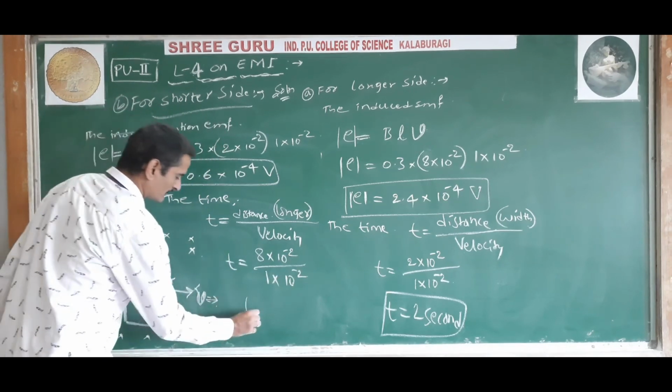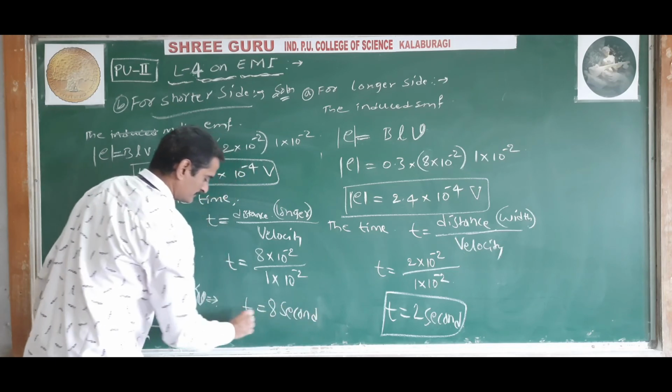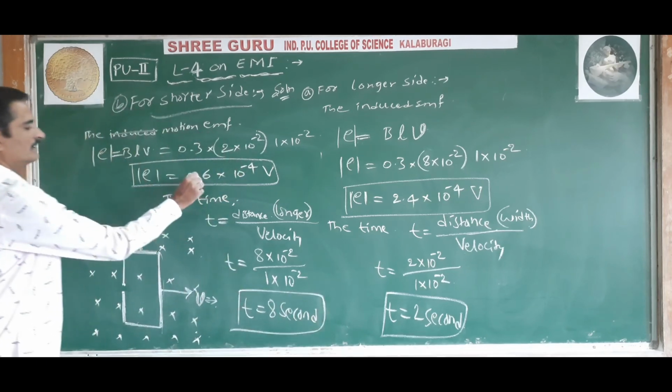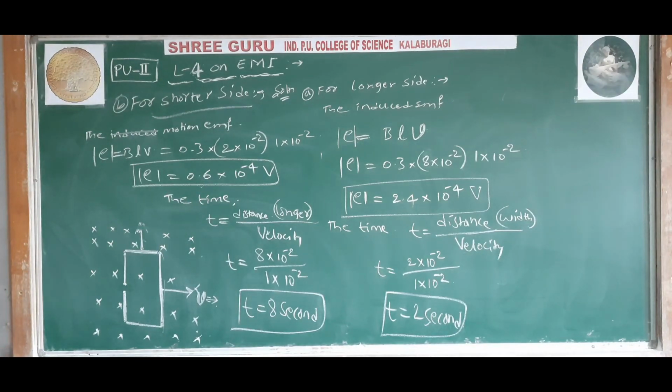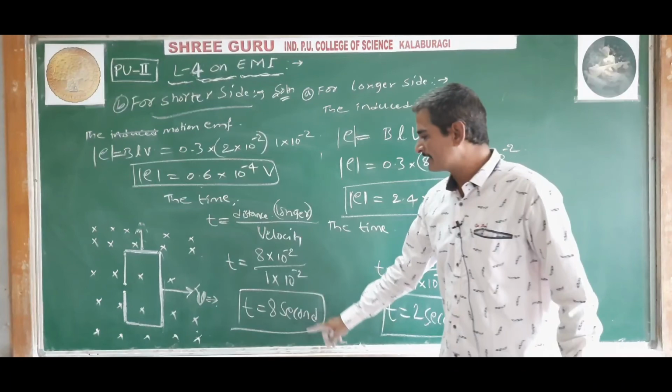The 10 to the power minus 2 cancel, so T is equal to 8 seconds. So this EMF of 0.6 into 10 to the power minus 4 volt exists for a time interval of 8 seconds.